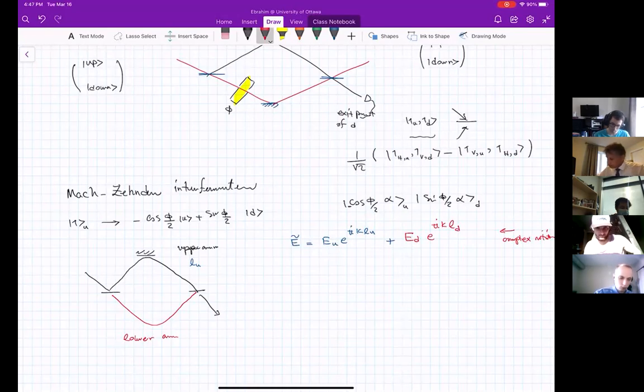So what is this detector? What is this electric field? It is the electric field at the detector D, which is located here.